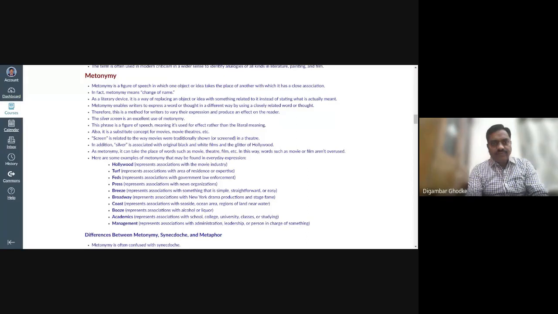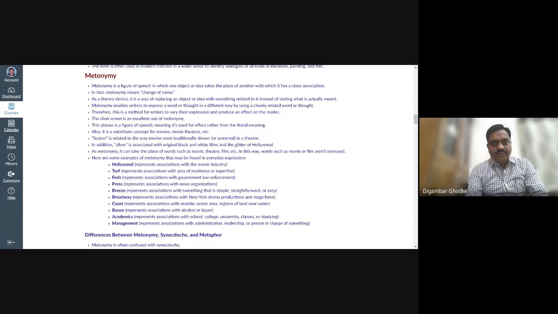When we talk about metonymy as a literary device, we understand that it is a way of replacing an object or idea with something related to it instead of stating what it actually meant. Okay, the related term is used.